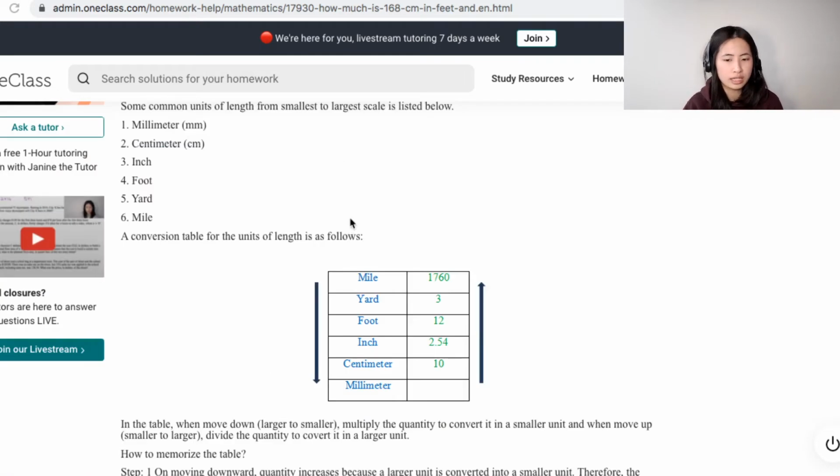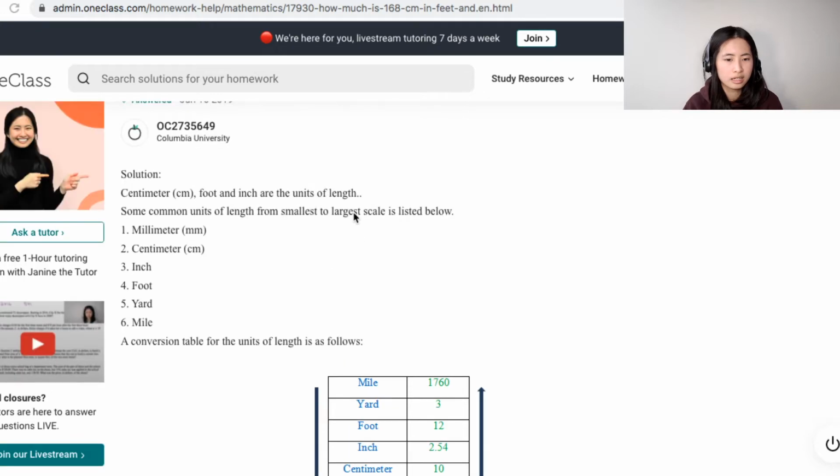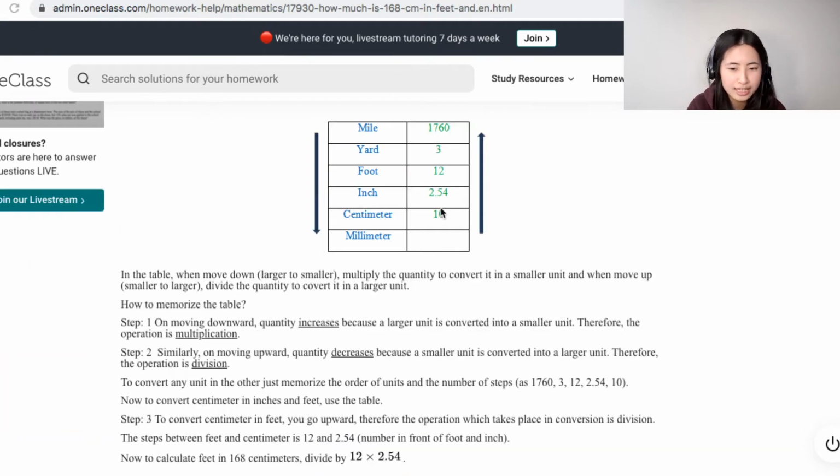So let's see what they said. I appreciate that they gave us this table of values where we can find the measurements, but I think what I'm looking for is specifically how do we convert 1 foot into inches.